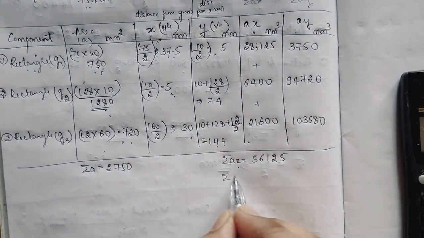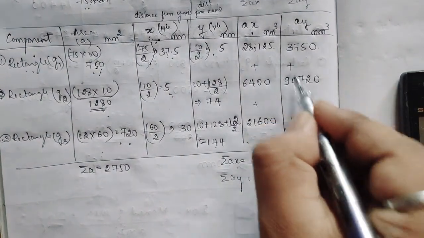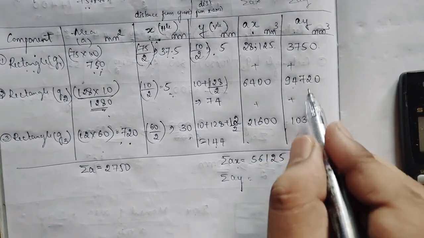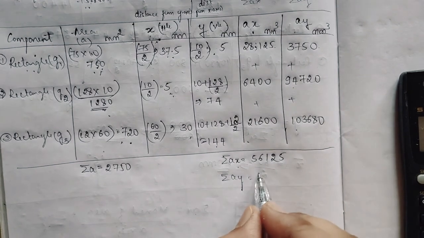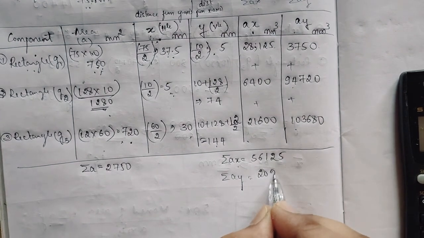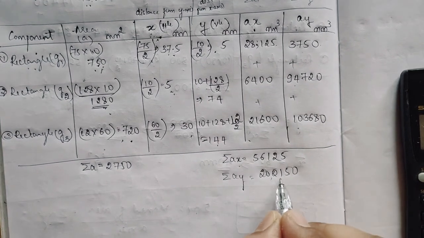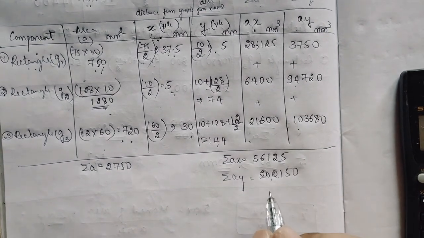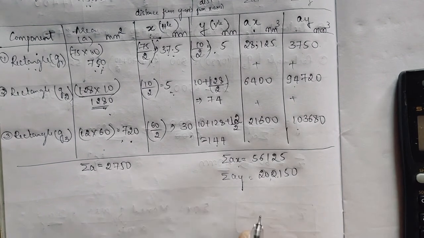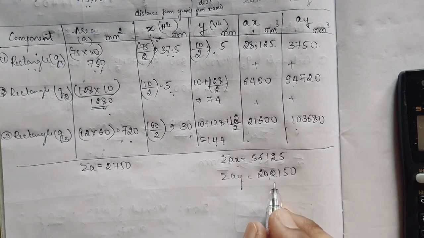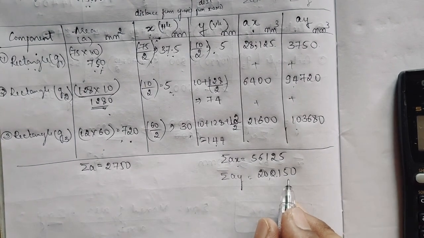Now the summation of A into y will be, you add 3750, 94,720 and 103,680, it will be 2,02,150.